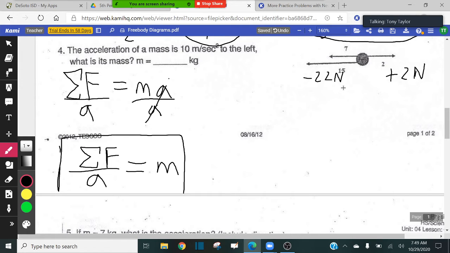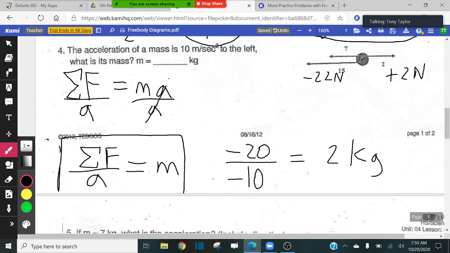So the sum of my forces is negative 20. And notice what the acceleration of the mass is. The acceleration is 10 meters per second squared to the left. So that's a negative 10 meters per second squared for my acceleration. So sum of my forces divided by my acceleration clearly gives me my mass. So in this case, negative 20 divided by negative 10 is just 2 kilograms.